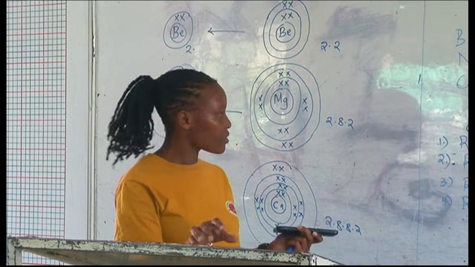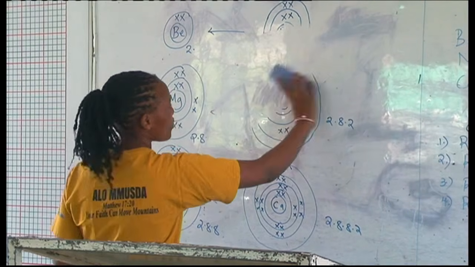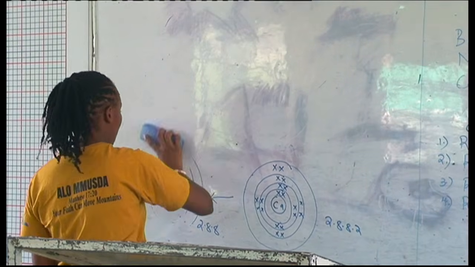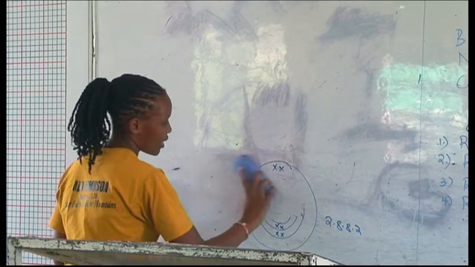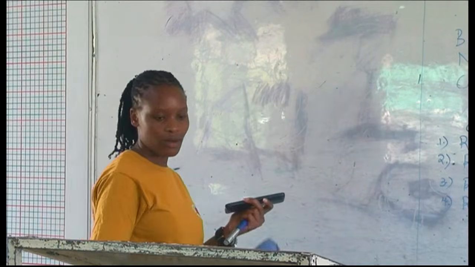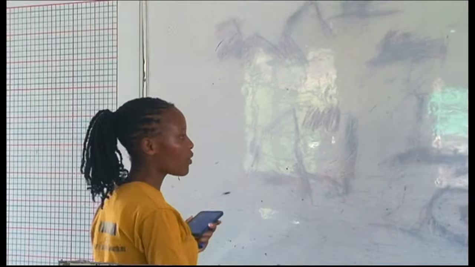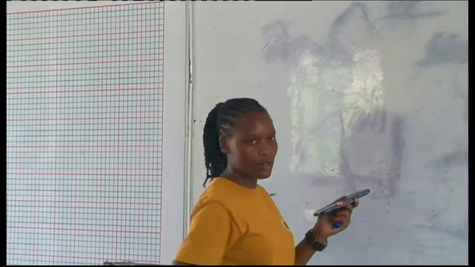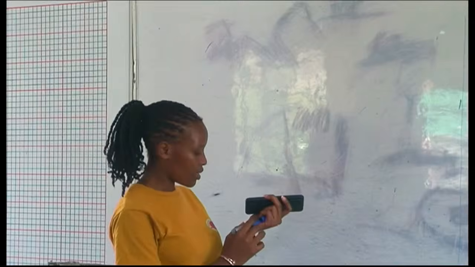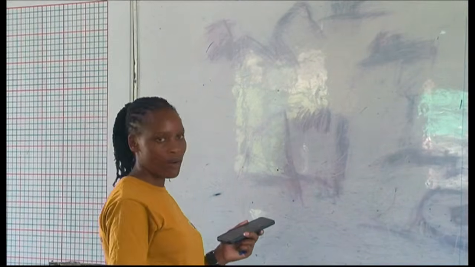Now, let us talk about the chemical properties, beginning with the reaction with oxygen. Generally, the chemical properties of alkaline earth metals are similar to the chemical properties of alkali metals. When the group 2 elements are burnt in oxygen, they produce their oxides.